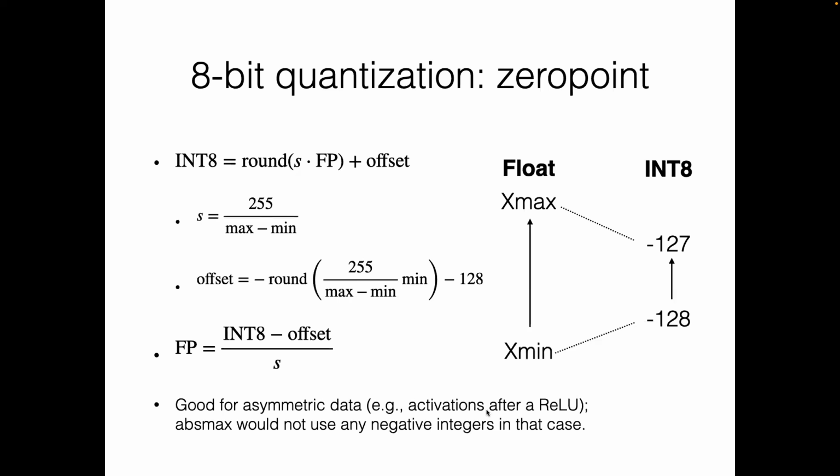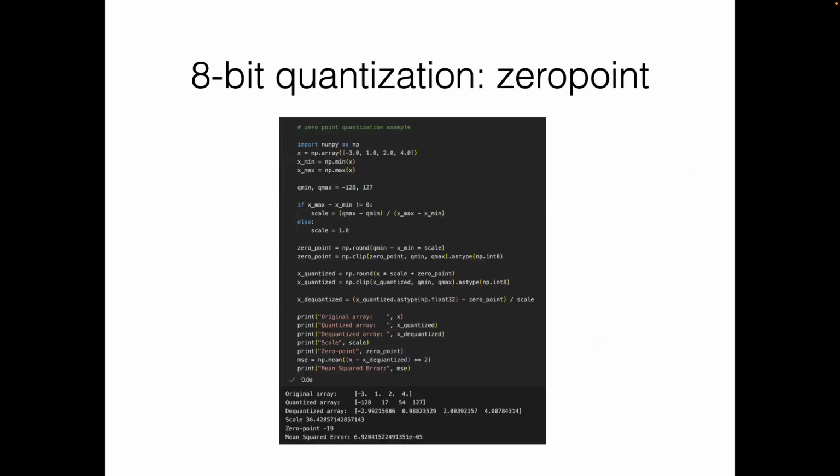So if you use this abs max method, it's going to just divide by the maximum, and basically nothing is going to be negative. So you're only going to use half of the available numbers that you have in int 8. That's an advantage of using this zero point method.